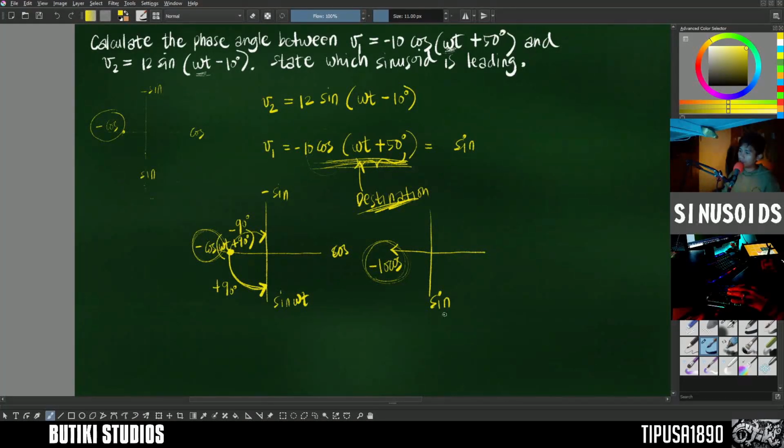So to say, from sine we go to negative cosine.